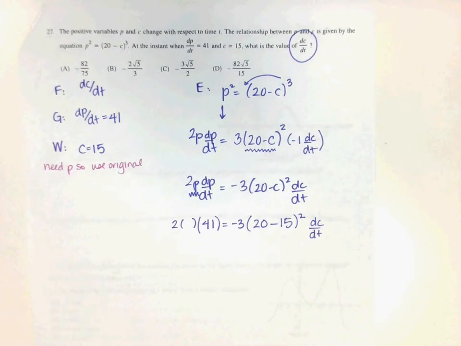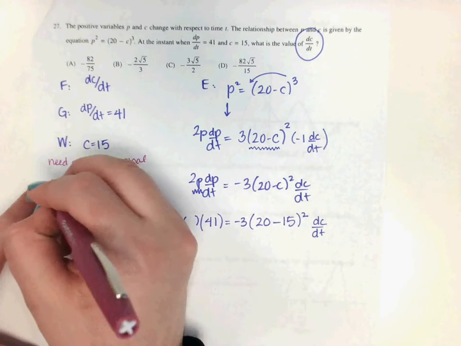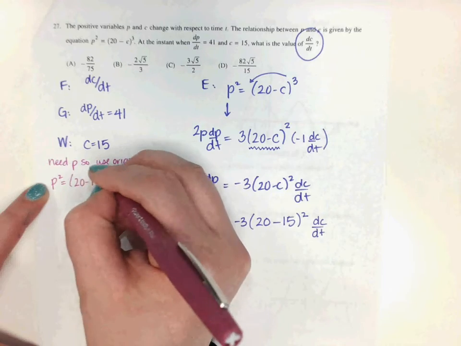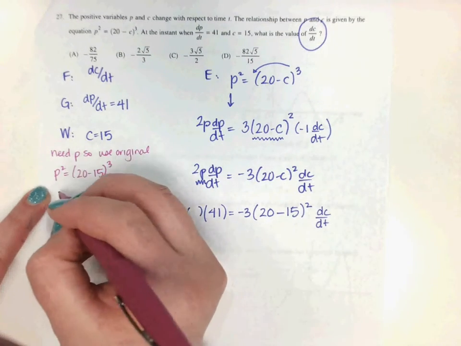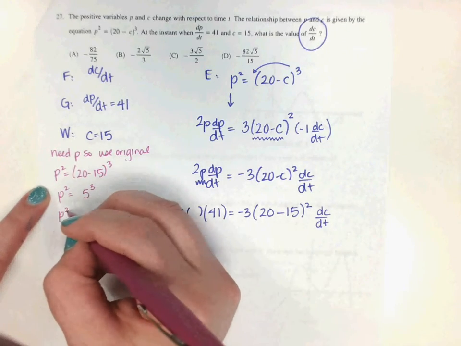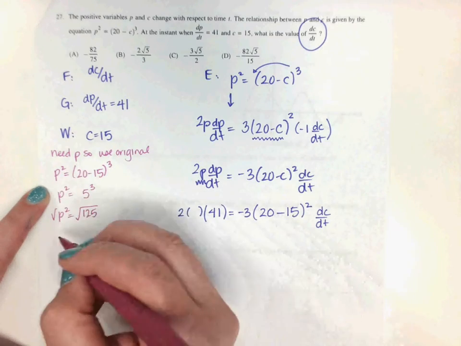We need P, so we're going back to the original. It says P squared equals 20 minus 15, my C, cubed. Well, what's 20 minus 15? 5. What is 5 cubed? 125. And then I can square root both sides.